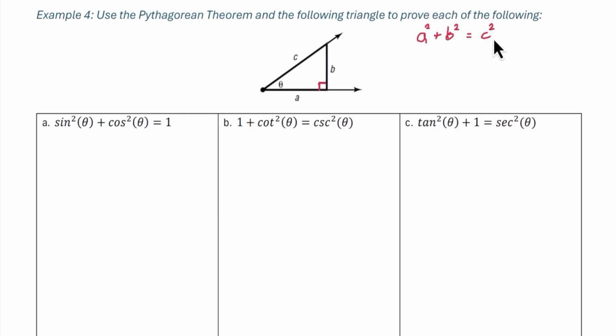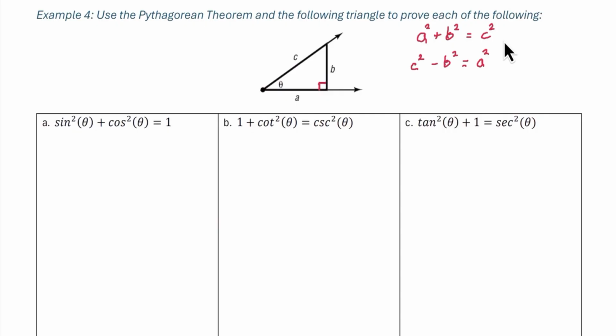We could also manipulate this Pythagorean theorem to isolate different letters. So right now we have c squared by itself, but let's say we wanted to get a squared by itself. We would need to subtract b squared on both sides. And that will give us c squared minus b squared equals a squared.